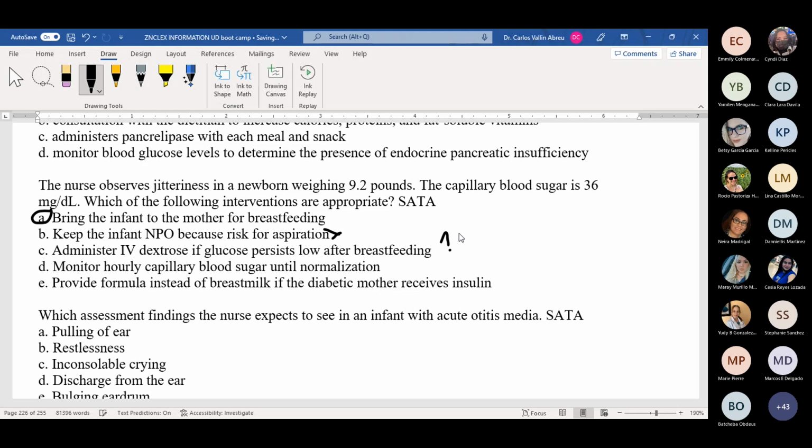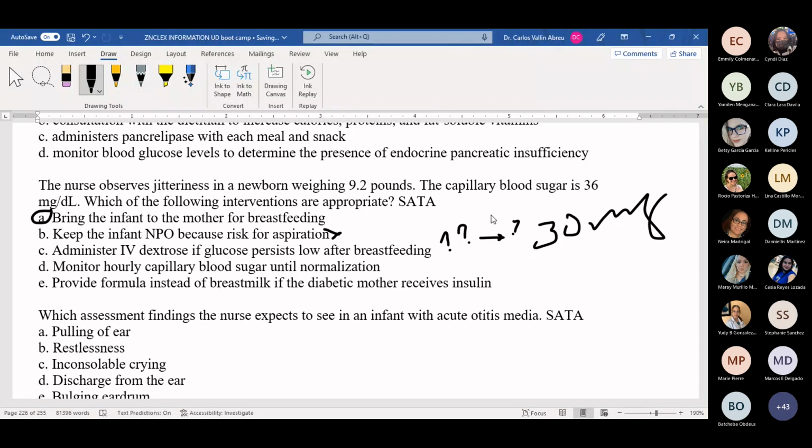It is something that I could mark with a quotation mark, because the protocol says that you repeat the capillary blood sugar, and if it is still low after breastfeeding, you take again the shot for breastfeeding. Of course, if you have less than 30 milligrams, or you see the baby having lethargy and cannot breastfeed, or having seizures like rolling the eyes, then in this case the IV dextrose is indicated.